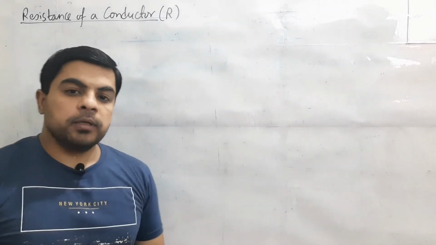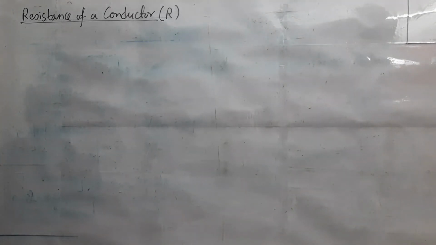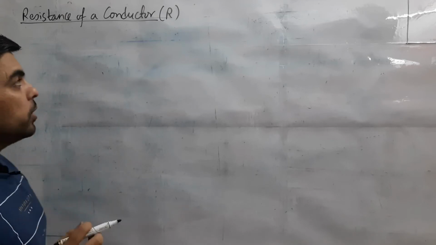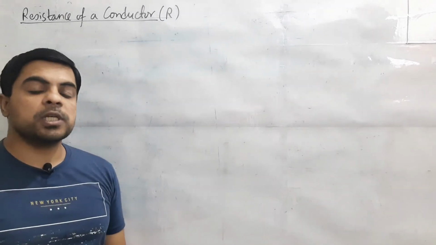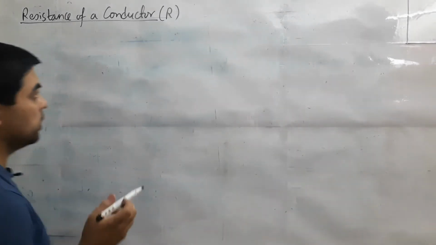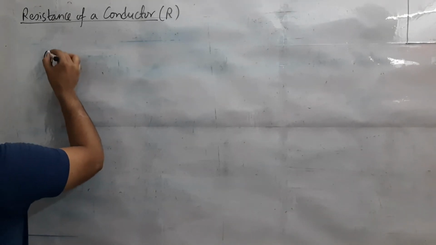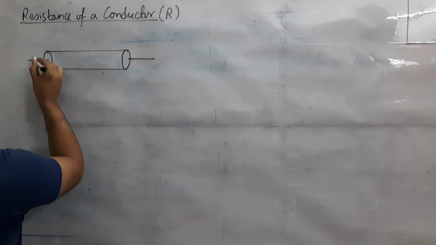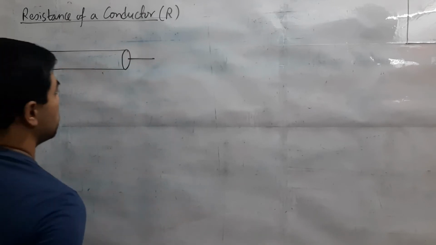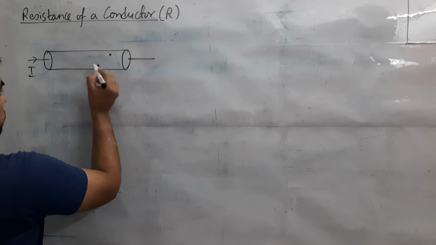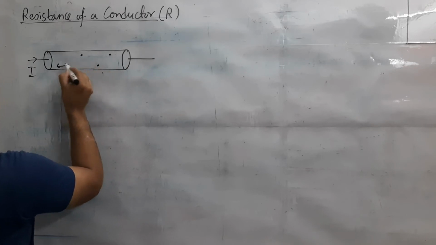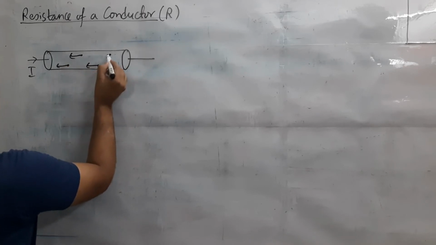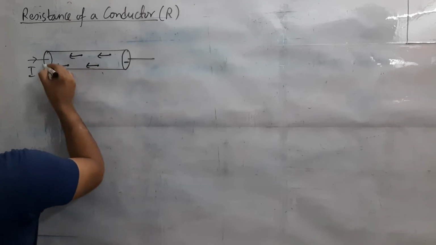So now we can discuss the concept of resistance, and now we are in a position to give its proper definition. The theory of this concept started with the topic drift velocity. Over there we discussed that whenever current passes through a conductor because of applied potential difference, the potential difference is doing work in bringing these negative free electrons from negative end to positive end.